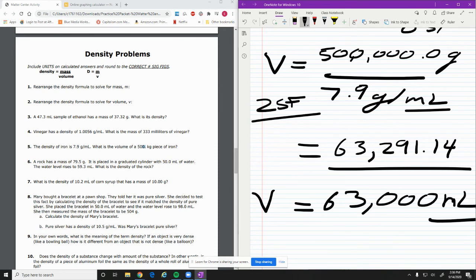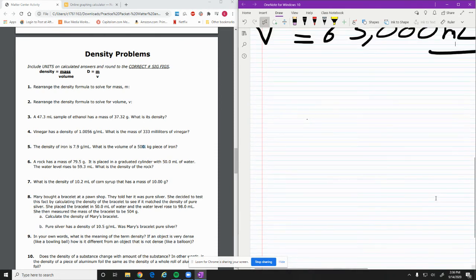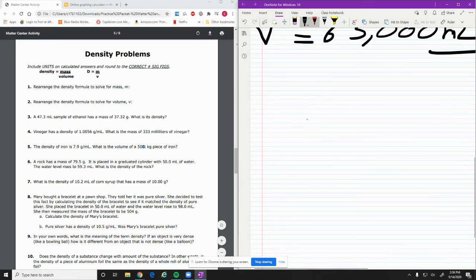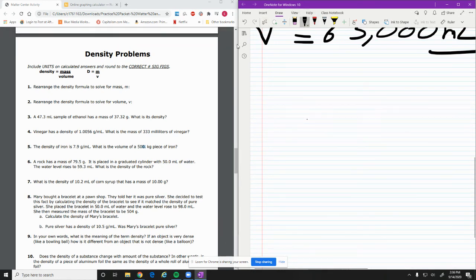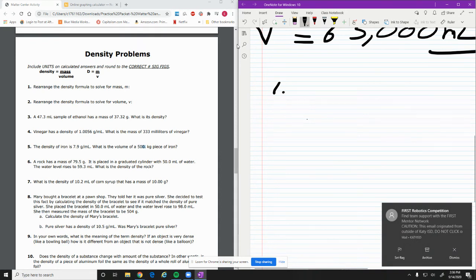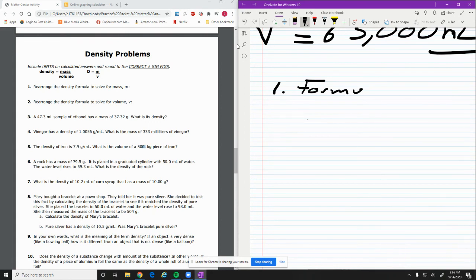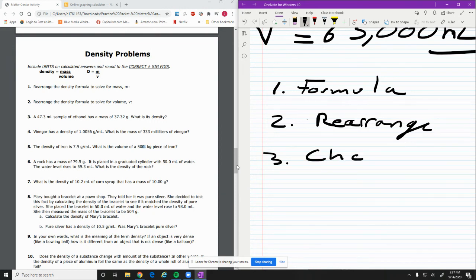ml. Okay? I'm just going to make a quick list of things to check off here as a final check off list. Okay, so number 1, start with your formula. Number 2, you want to rearrange to whatever you need. Number 3, check your units are the same.